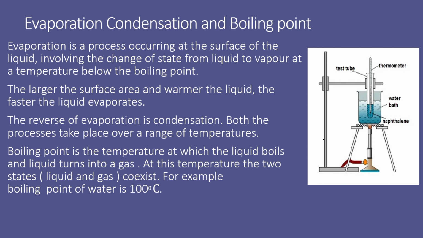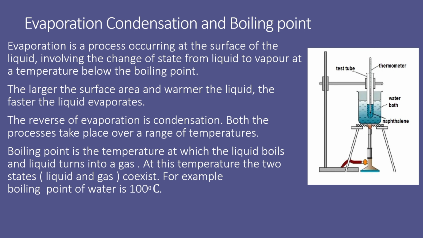Now we'll talk about evaporation and then condensation and then boiling point. Evaporation is a process occurring at the surface of the liquid involving the change of state from liquid to vapor at a temperature below the boiling point. Alright, what does it mean?